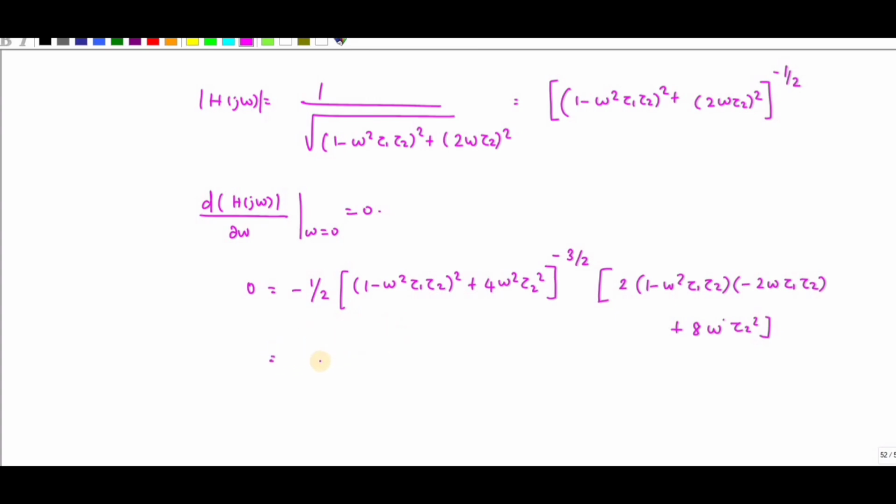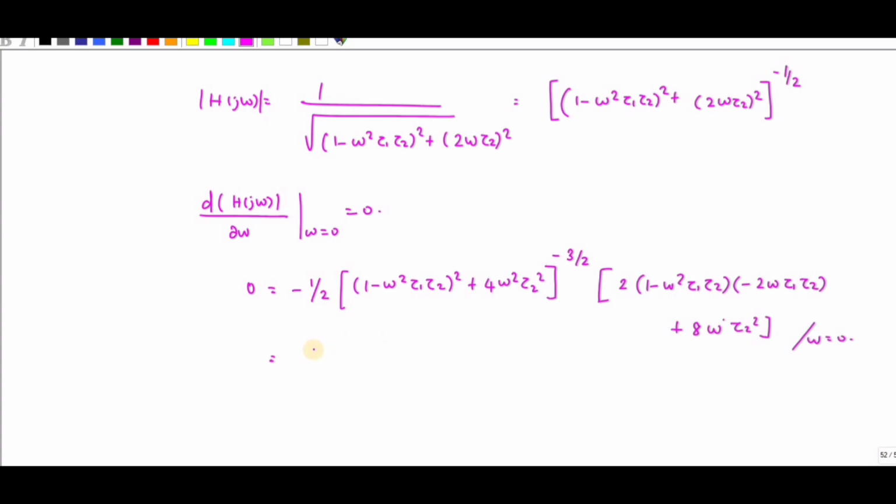In this whole term I can substitute omega equal to 0. If I substitute omega equal to 0, this whole term becomes 1, so only this term will be present.